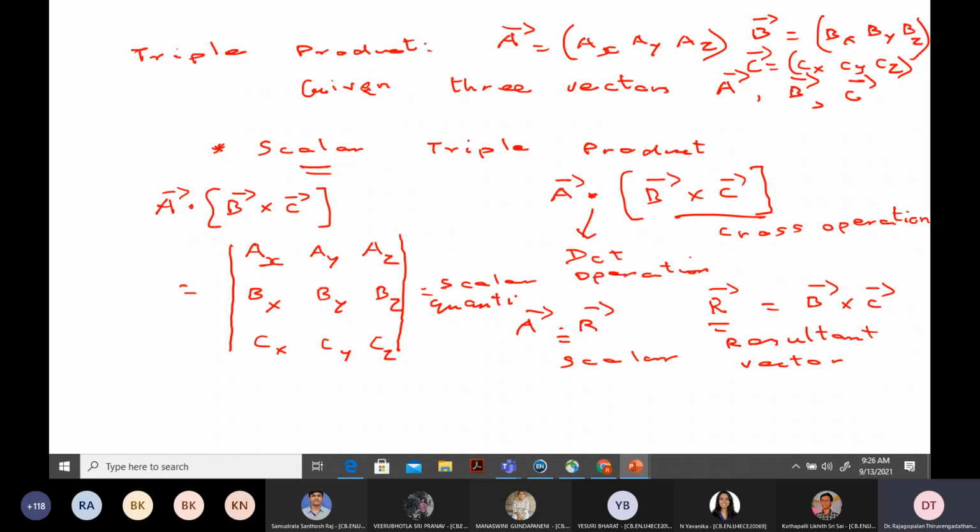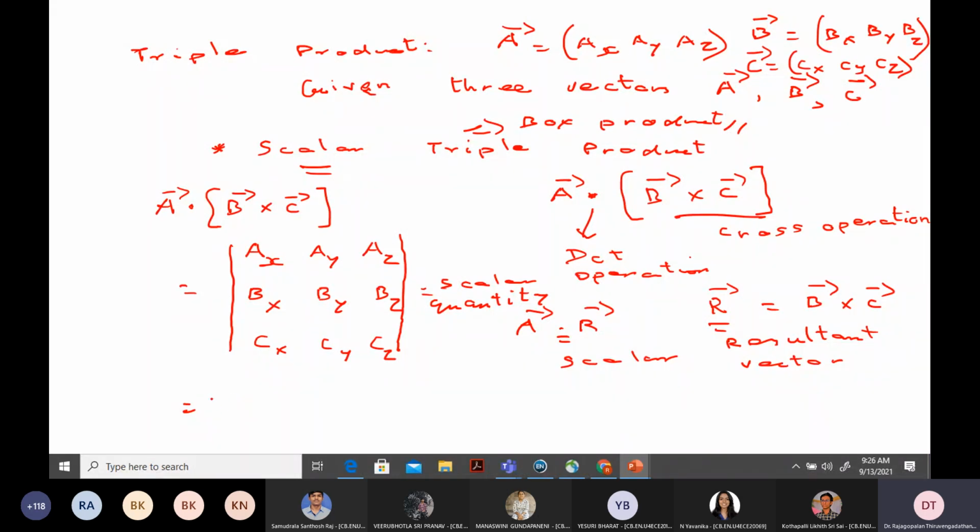What does this scalar quantity signify? We'll come to that. The other name for this, therefore, is what is known as box product. So you will get essentially this scalar quantity, a number.